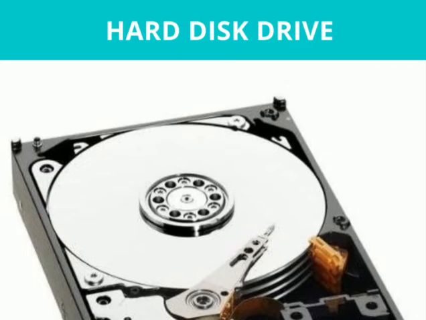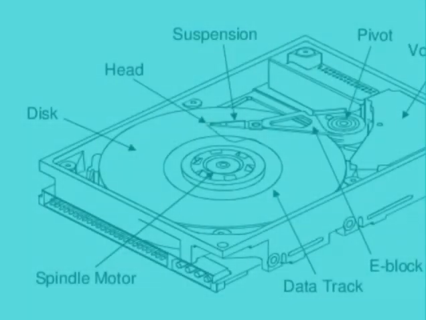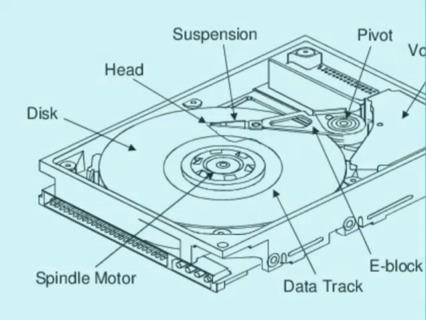It stores information whether the computer is on or off. The hard disk drive is a mass storage drive found in the PC. It saves data permanently. Data on the hard disk can be erased and overwritten.